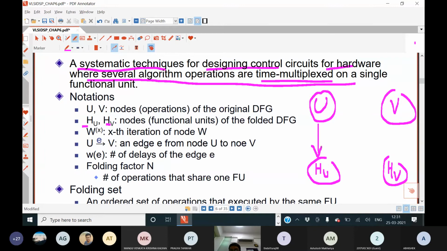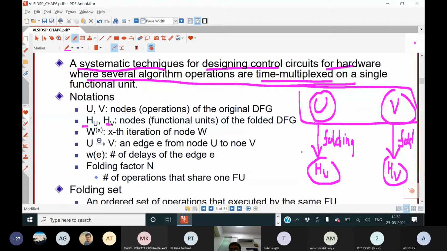When I apply the folding concept, U is denoted as HU, and similarly V is denoted as HV. U and V are for the original DFG, and HU and HV are the nodes of the folded DFG. Now Wx is the x iteration of node W.